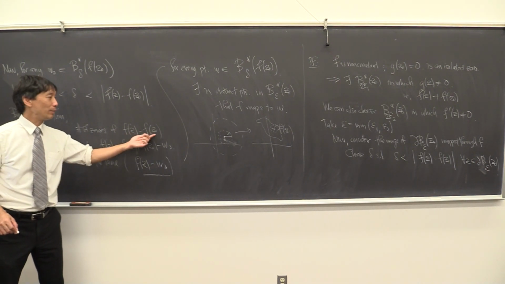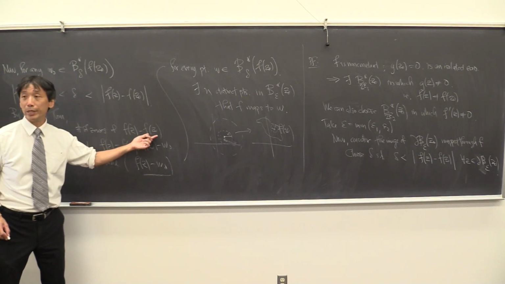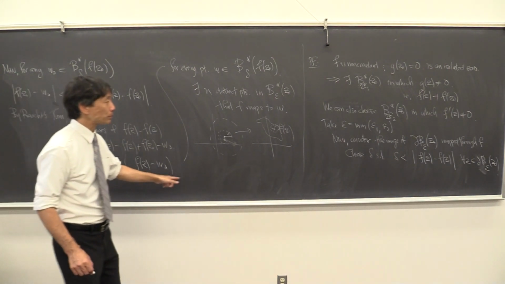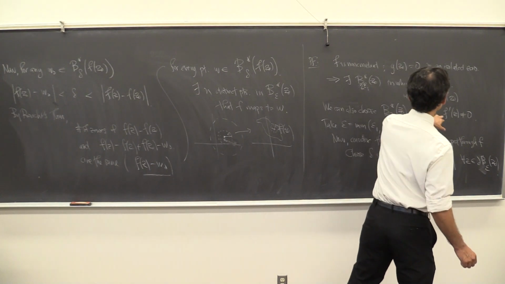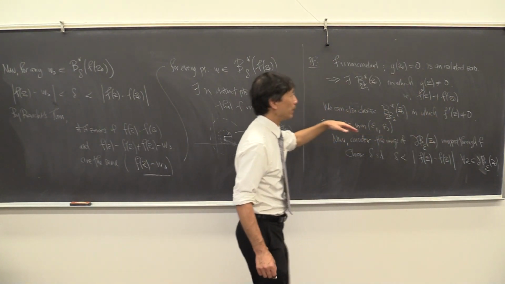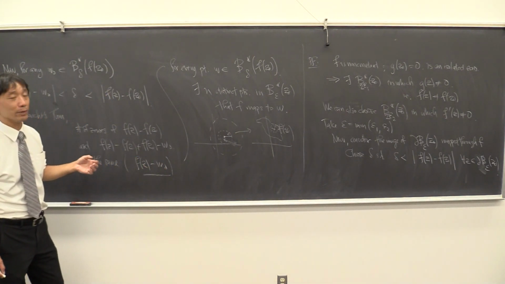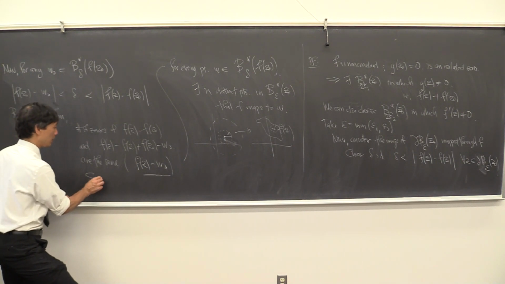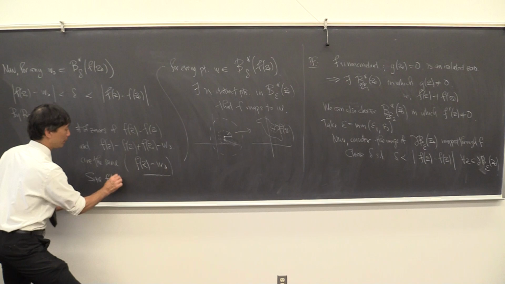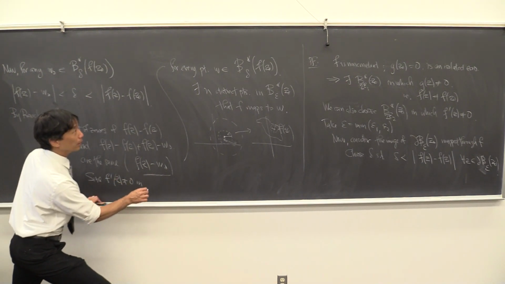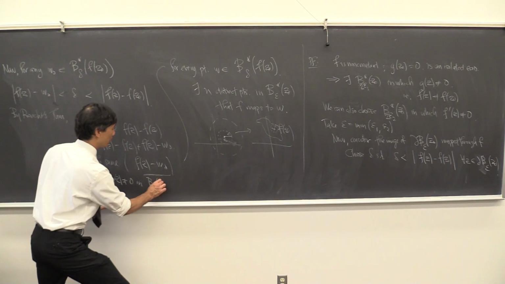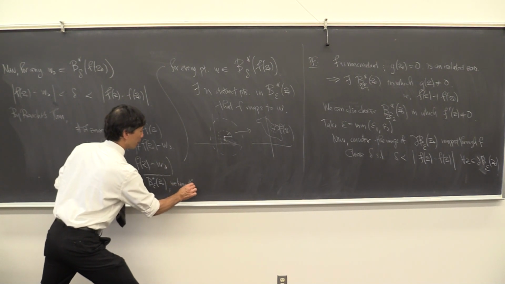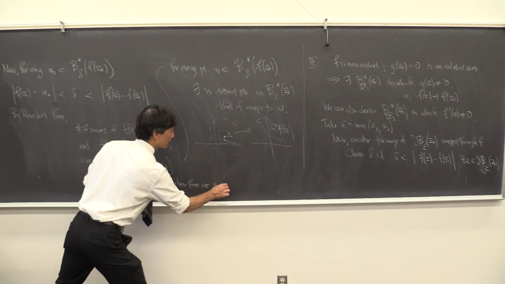Well, f of z minus f of z naught had n zeros, one zero with multiplicity n, but the derivative here is non-zero, so that tells you that the zeros have to be simple. Since f prime is non-zero in our epsilon neighborhood, we know there are n simple ones.